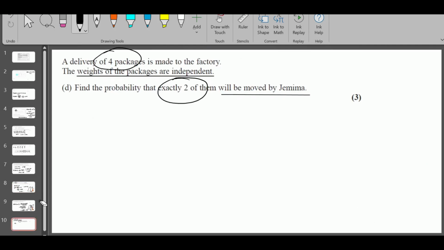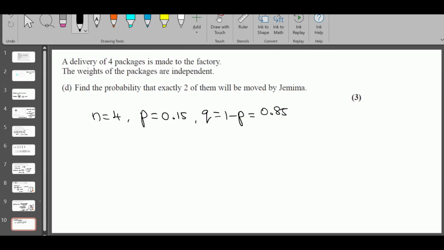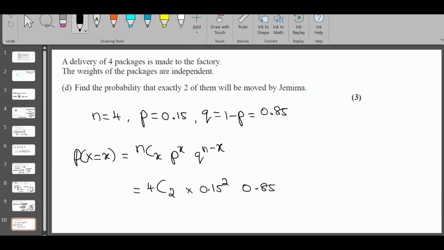So n is equal to 4, probability of success p is 0.15, and probability of failure is 1 minus p, which is 1 minus 0.15. Now this is the formula, and I want you to remember it. P of X equals x is nCx p power x q power n minus x, which is 4C2 p power 2 q power 4 minus 2. You will get the answer.